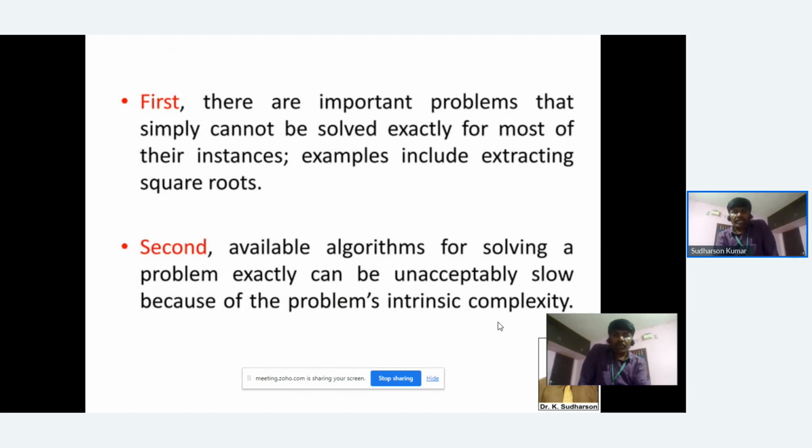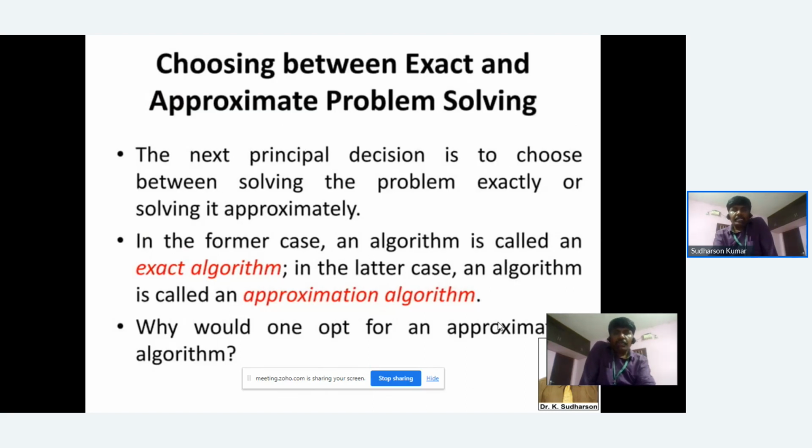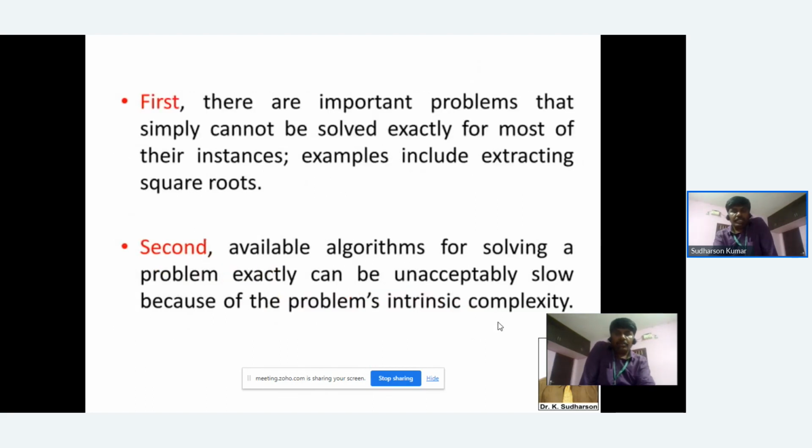Examples include extracting square roots. Second, an available algorithm for solving a problem exactly can be unacceptably slow because of the problem's intrinsic complexity. So choosing between exact and approximate problem solving is needed while designing an algorithm.